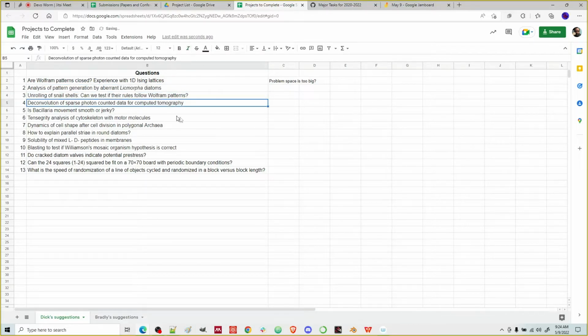Okay. So this third one we've talked about for a long time, several years actually, and this is the unrolling of snail shells. Can we test if the rolls follow Wolfram patterns? The way we envision this is to take like a 360 picture.